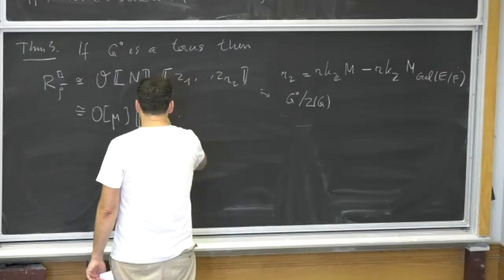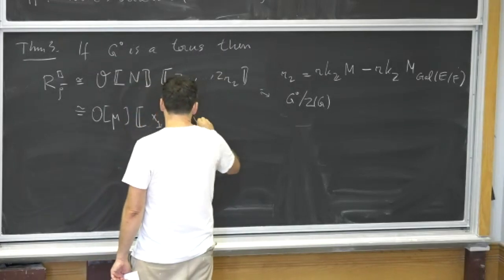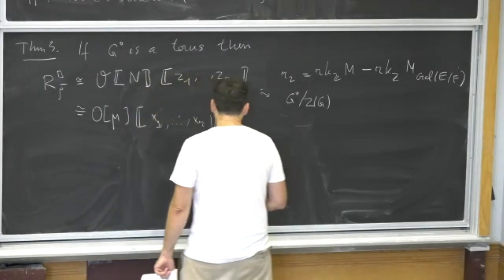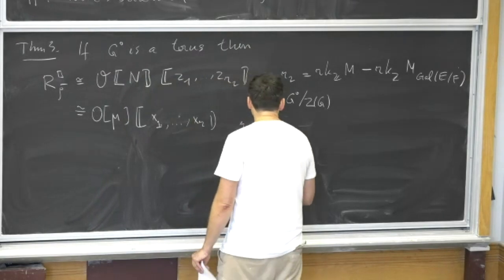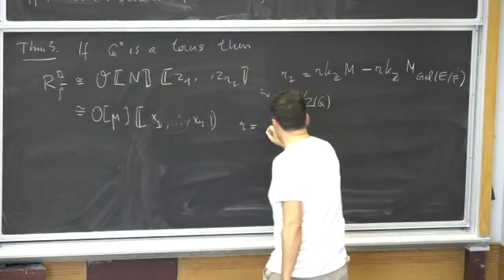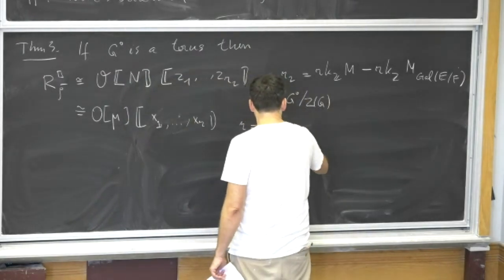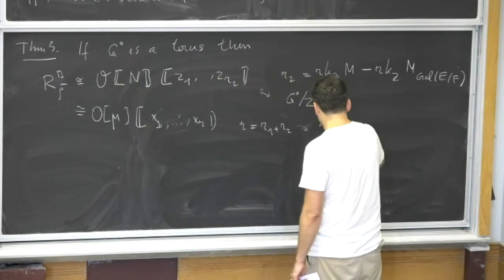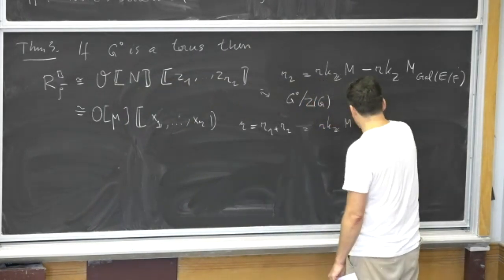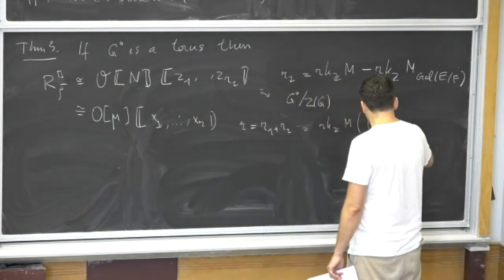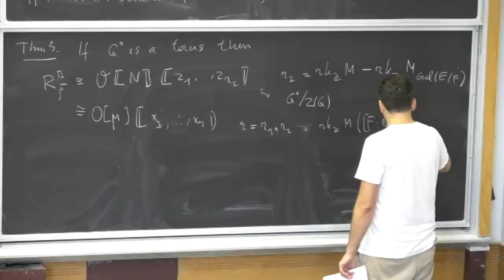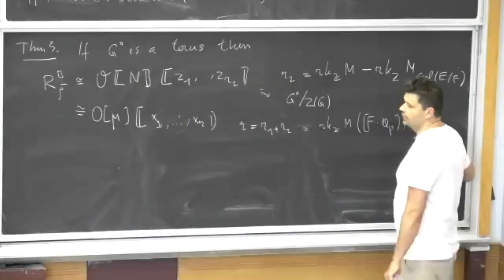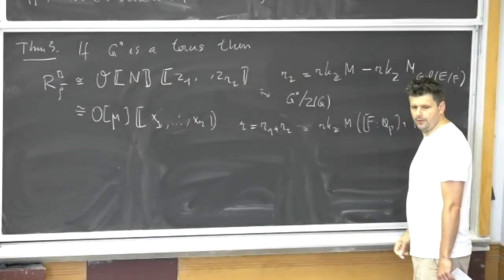Okay, now if you add I, which is R1 plus R2, with a bit of luck, I would get rank Z M times [F:Q_p] plus 1, which is what is claimed in the theorem.